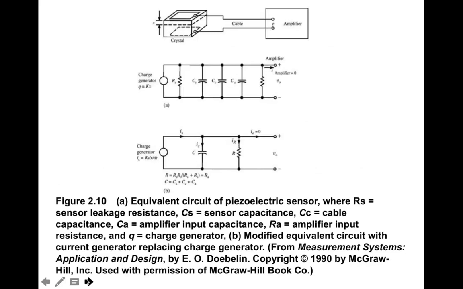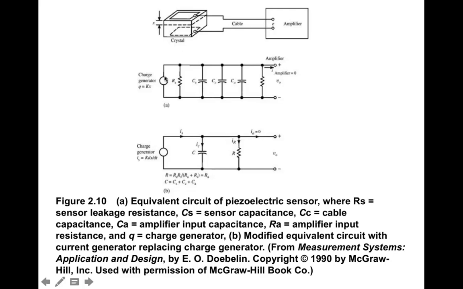So here's an example, an equivalent circuit of a piezoelectric sensor. Here's your crystal, and your delta x is going to occur in this direction, so your force is applied vertically. You have a couple of plates here on the crystal, and then they come back with a voltage on them into an amplifier.